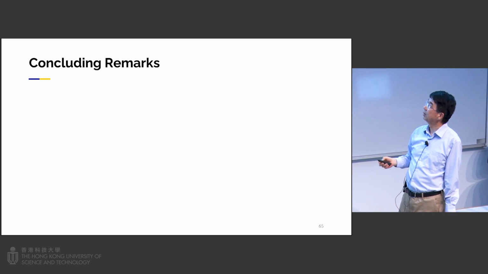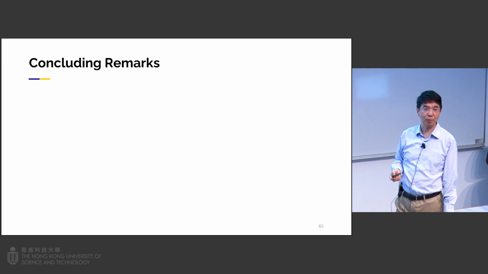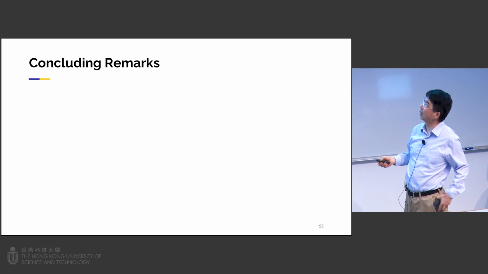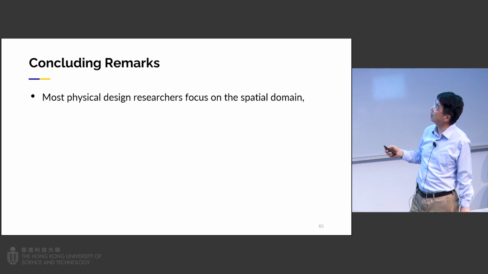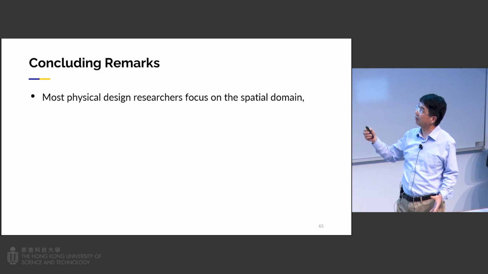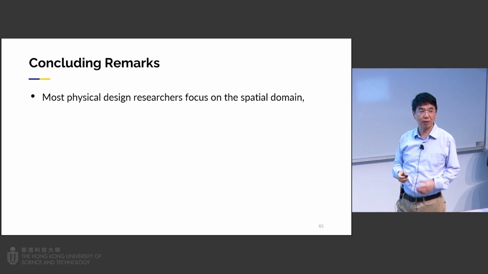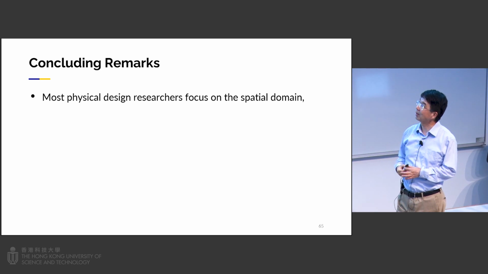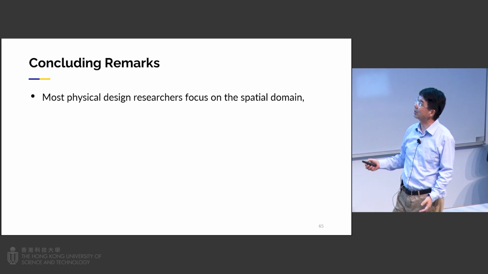So here's the concluding remarks, and how I'm doing on time, team. So first, I want to convince you. I first gave this talk back in March at the Physical Design Symposium, and the audience was all physical design researchers.